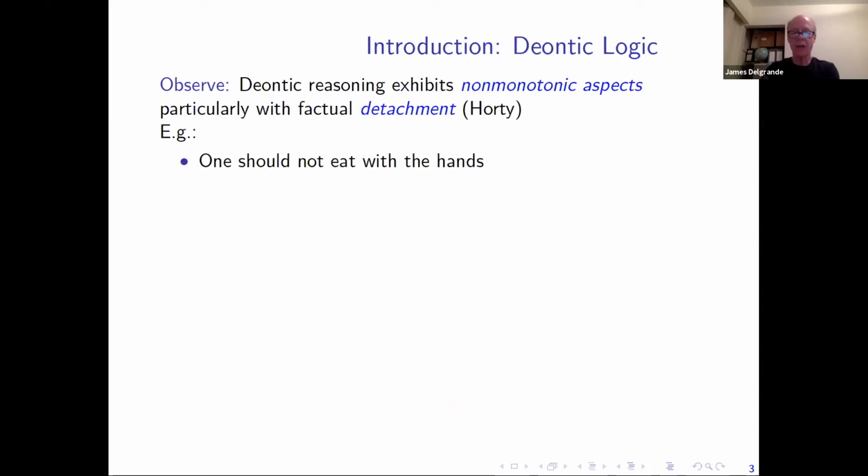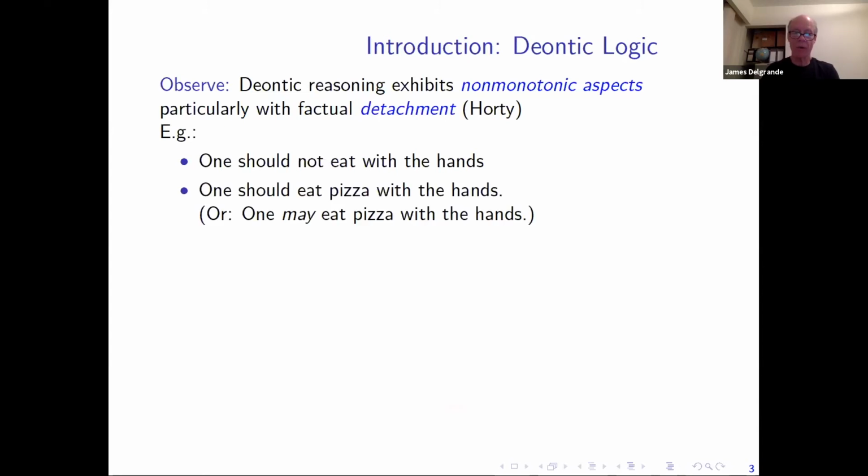So here's an example of his, slightly rephrased. You're out, and well, obviously you should not eat with your hands. Although if you're eating pizza, then perhaps you should eat with your hands, or in a variant, one is permitted to eat with their hands. And in any case, you should be using a napkin.